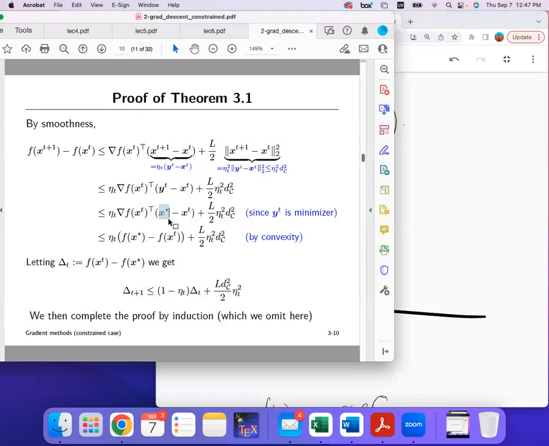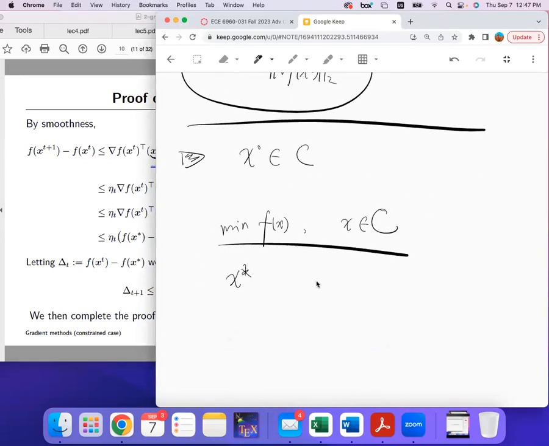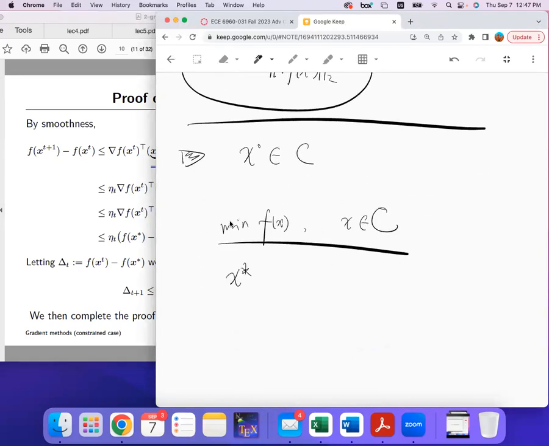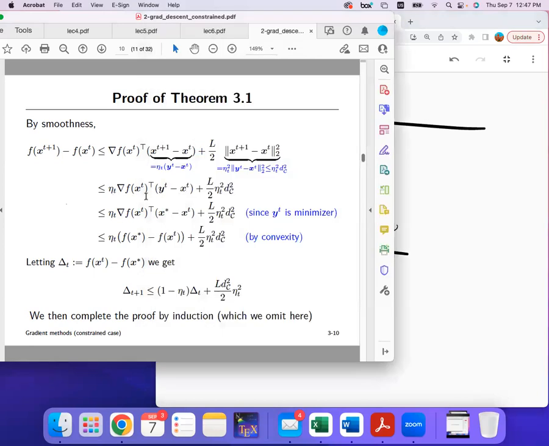So it's by this condition. And in this case, X star, because X star is the solution of our original problem, is guaranteed to be in C. By default, it must be inside C. So I can replace that with X star, and this is a less than or equal to the upper bound. Then I can get rid of YT. Right? I can replace YT by a fixed point.